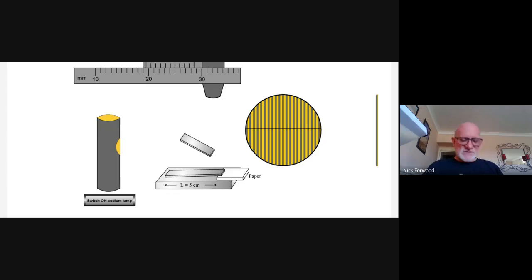Okay, so I want you to write down L is 5 centimeters. Now, whilst I go back to my whiteboard, I want somebody or all of you to do a bit of Googling and look up what the wavelength of sodium light actually is. Switch to a different device or a different tab and Google for the wavelength of sodium light, please.